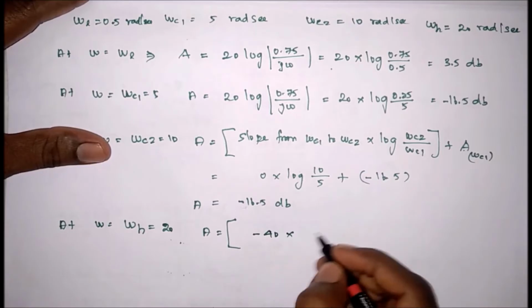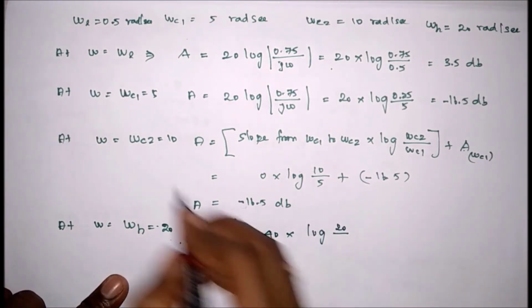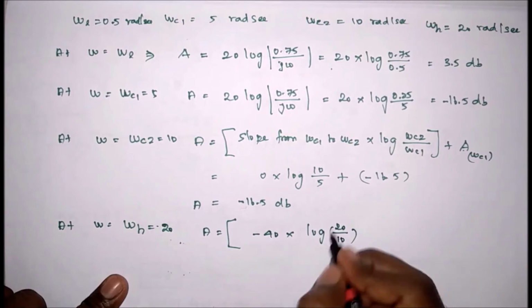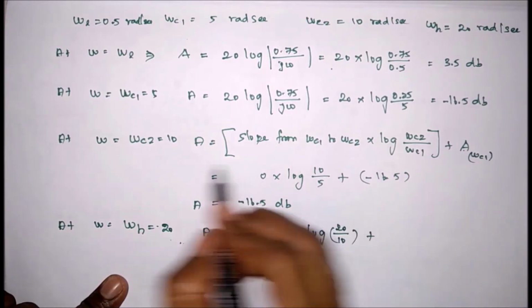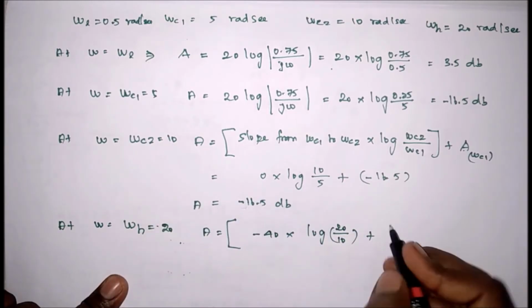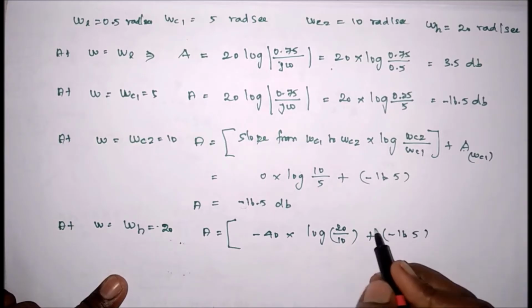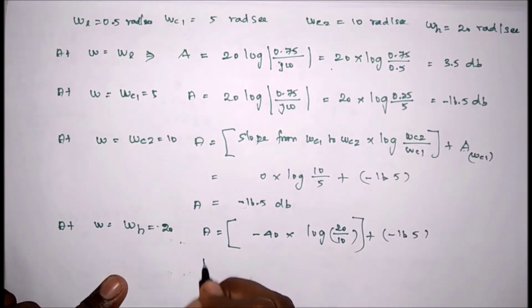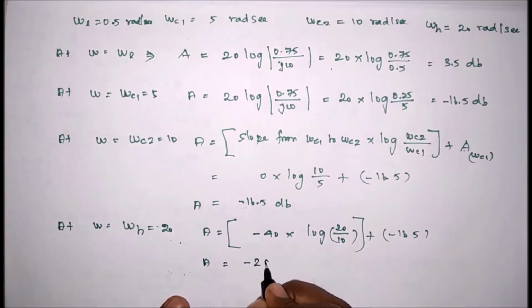Therefore minus 40 into log of 20 divided by 10, plus the gain at the previous corner frequency, minus 16.5. So now the gain equal to minus 28.5 decibel.